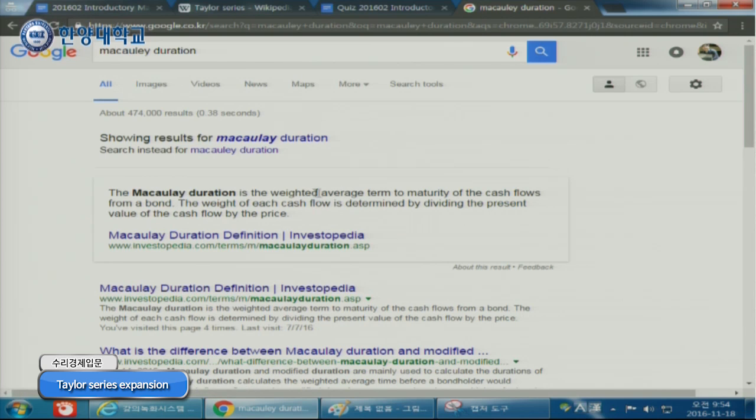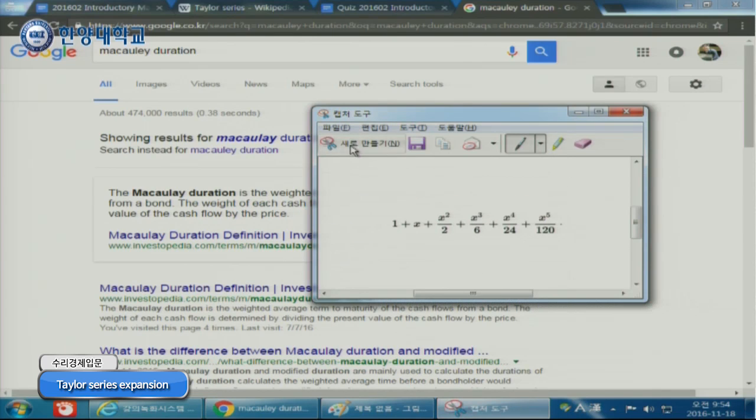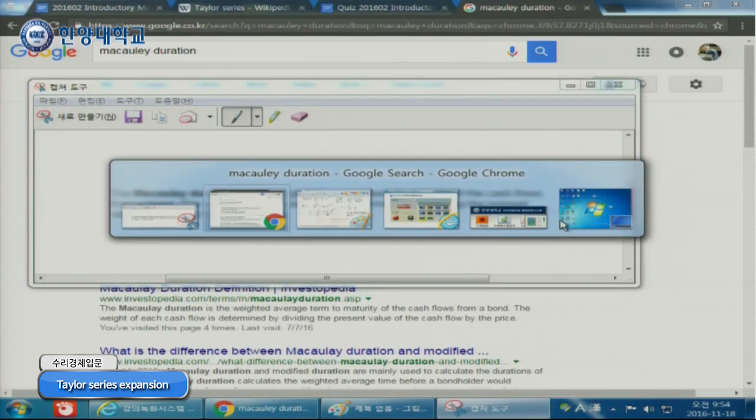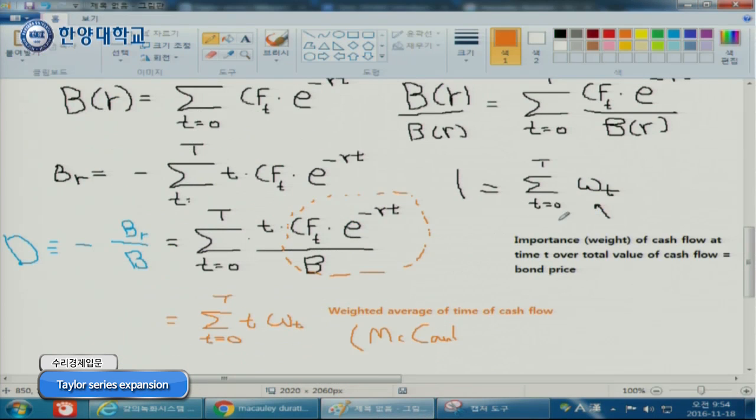Macaulay duration is the weighted average time to maturity of the cash flow from a bond.